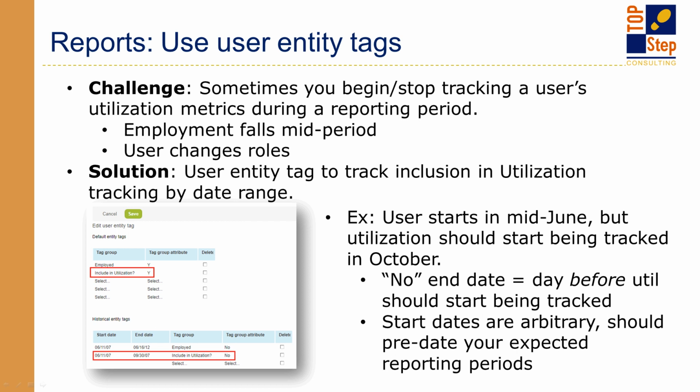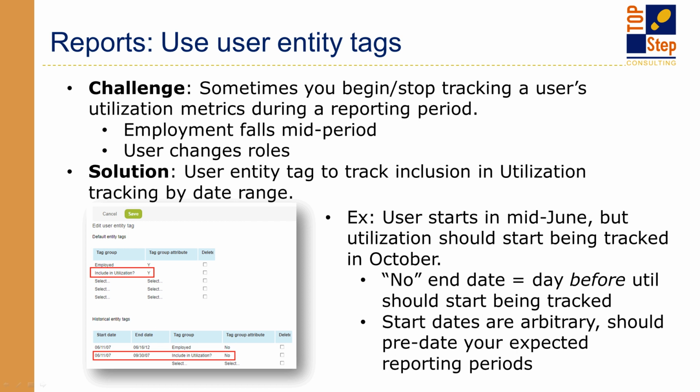In our example, help me do my calendar math here. Yes, October 1st was the first day that we're tracking this resource's utilization. Therefore, the end date of the historical value of no is going to be the day prior, September 30th.